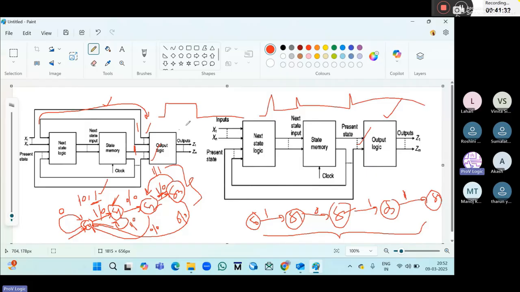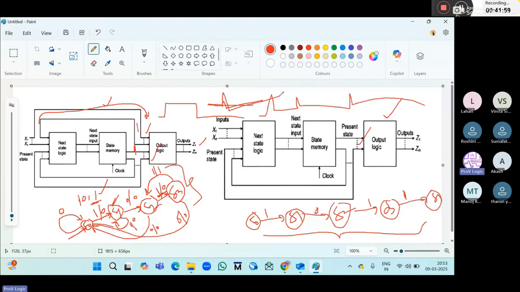Suppose this input arrives at 5 seconds, and this input is updating at the 6th second. So this output, instead of staying constantly 0, whatever the updated value is at the 6th second, it will just spike like this, whether it is a 0 or 1.